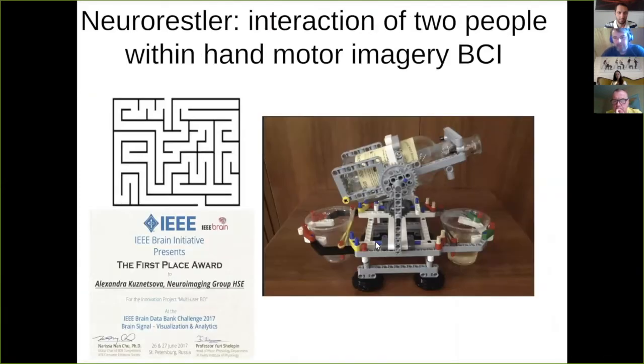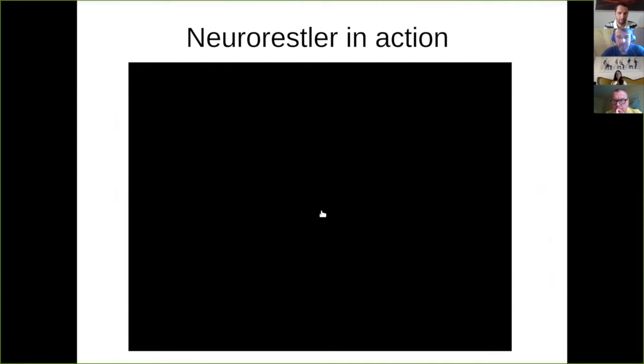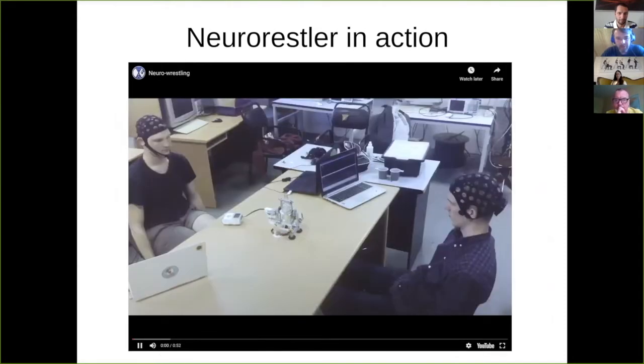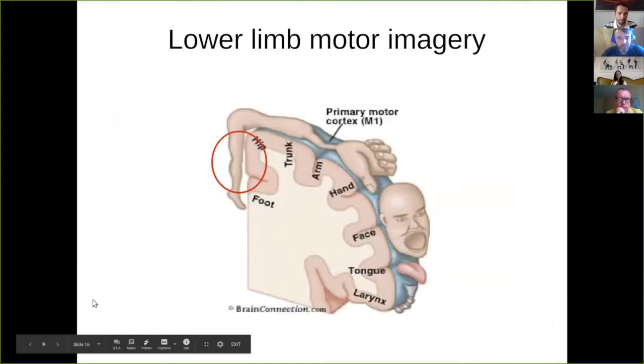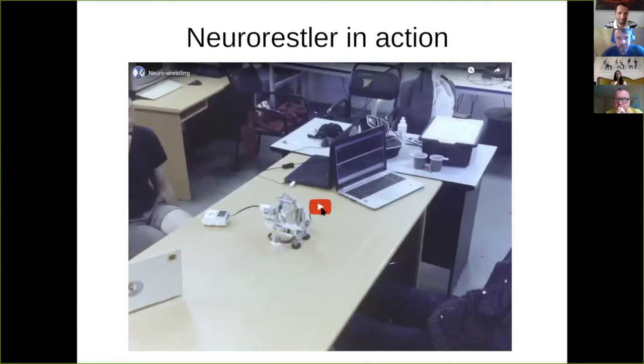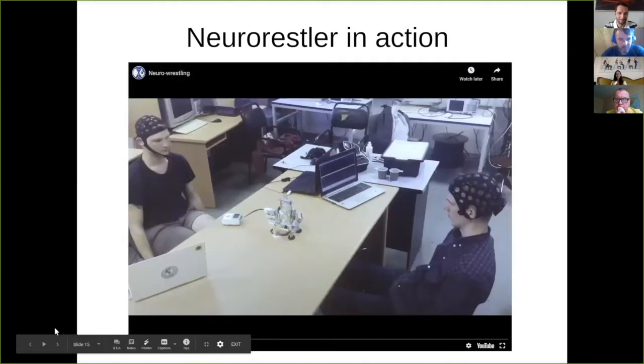We have also developed something that was thought to be a toy, but in fact is an interesting application for post-stroke patients who can play this game. This is the so-called Neuro Wrestler. I'll show you the idea. One person, the two people, those are the healthy ones, but sorry, just a second, there's sound, I want to get rid of it somehow.